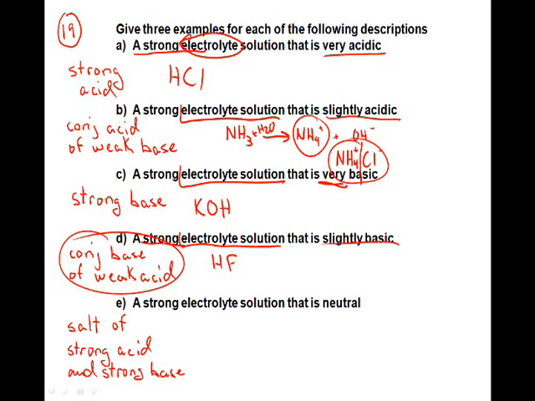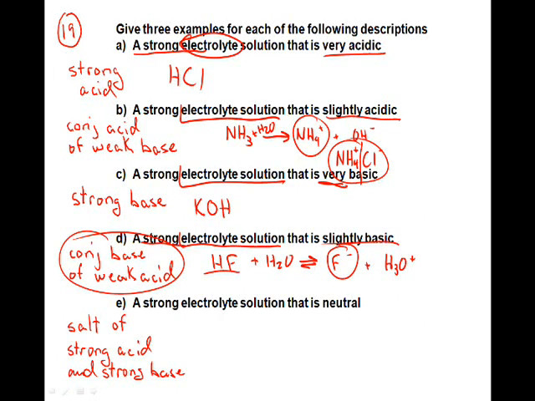The conjugate base, if that combined with water, you'd have a fluoride ion and H3O plus. So here you have the acid and its conjugate base.